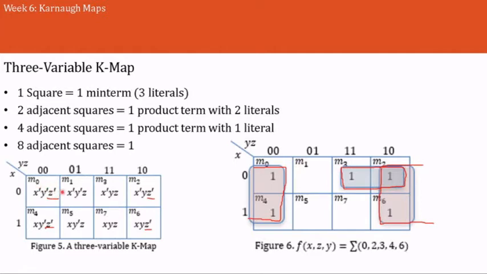The value of M2 is also z prime, and the value of M6 is also z prime. So M0, M4, M2, and M6 are all z prime. So z prime is common to this group. Therefore, we can say that this group is z prime.